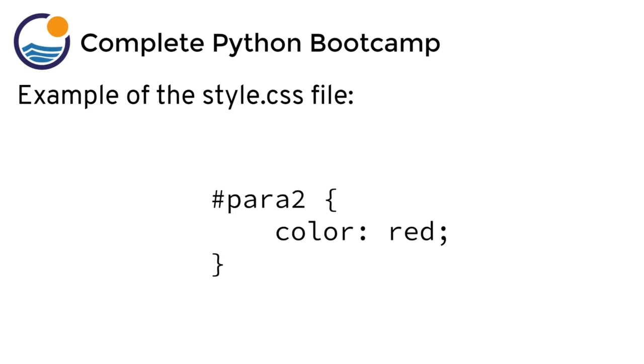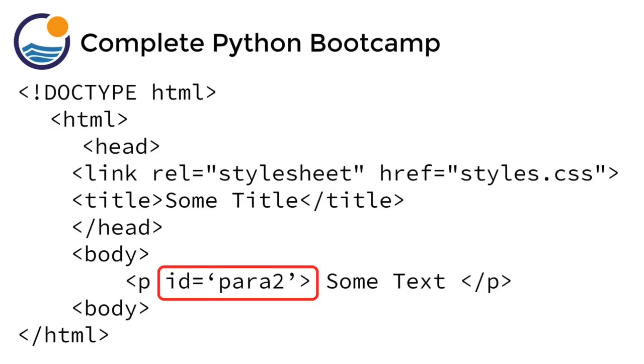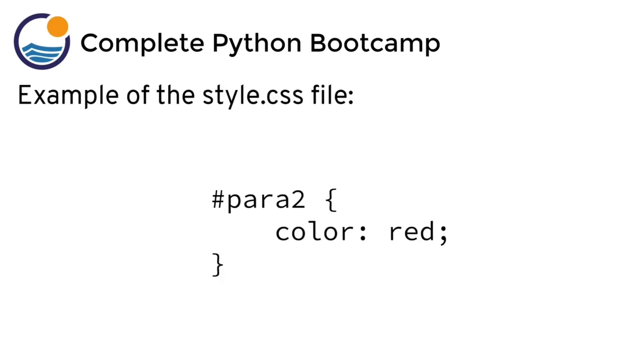So it says color red, which means anything tagged or linked to this ID of para2, or parameter 2, whatever you want to call it, is going to be colored red when it's read in by a browser. So what this is doing is it's going to color this some text inside this paragraph with red. And this hashtag symbol is basically denoting that it's an ID. And typically IDs are only used once per HTML document.